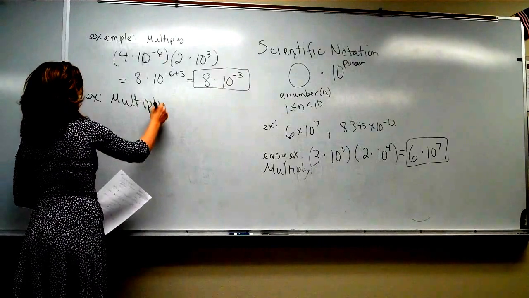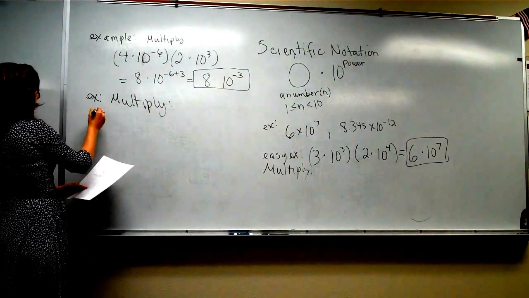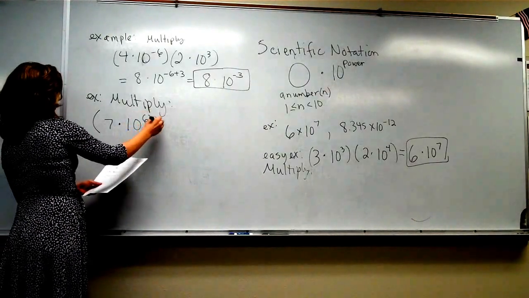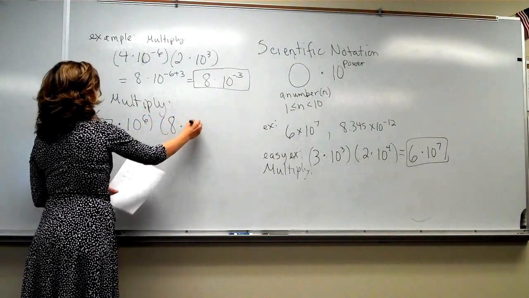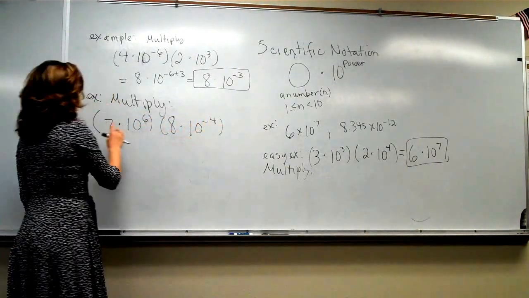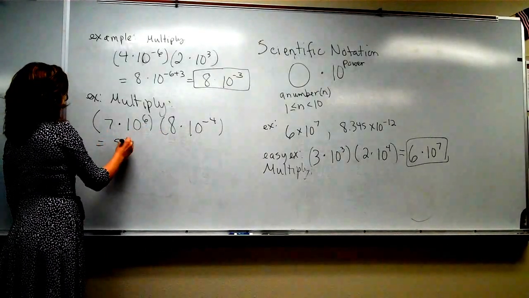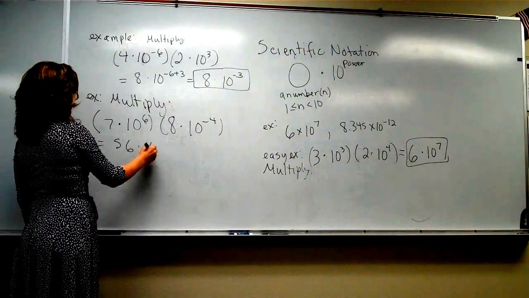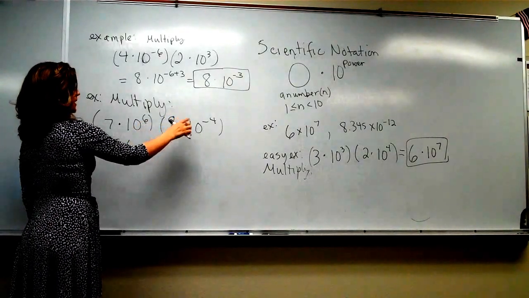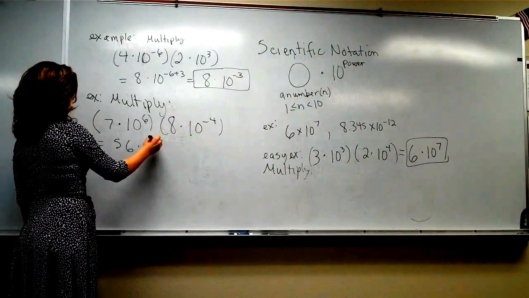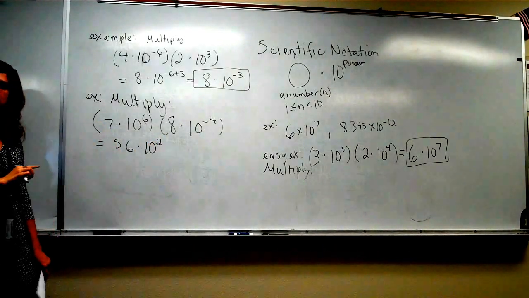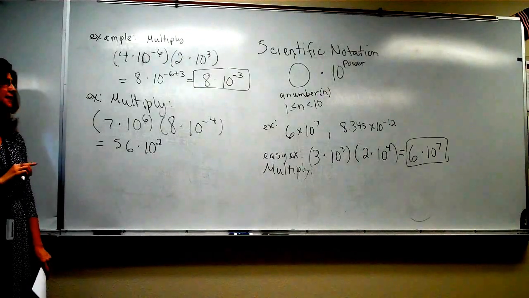Multiply. All right, now we're going to have 7 times 10 to the 6th times 8 times 10 to the minus 4. 7 times 8 is 56, and then 10 to the 6th times 10 to the minus 4 is 10 to the 6 plus negative 4, or 6 minus 4, which is 10 squared. But this is not in scientific notation because 56 is not between 1 and 10.